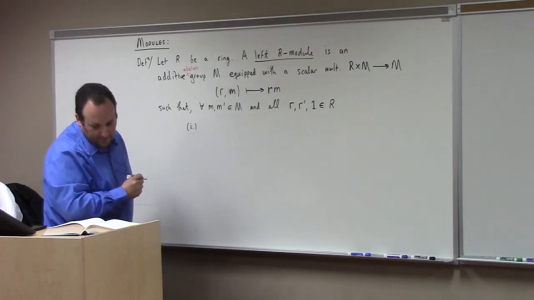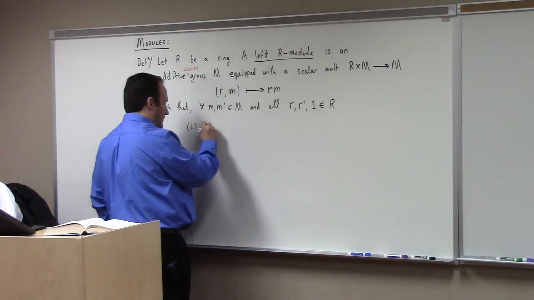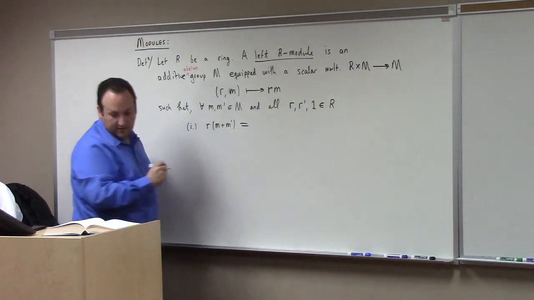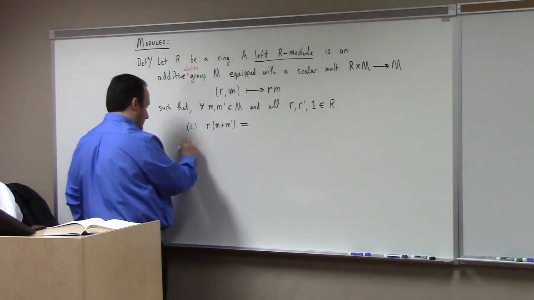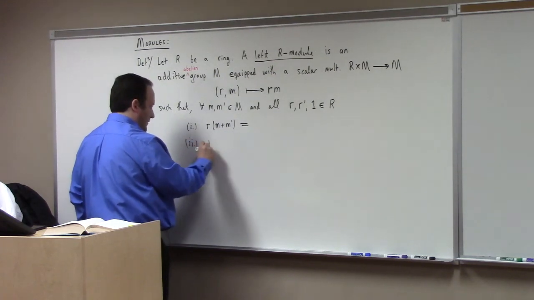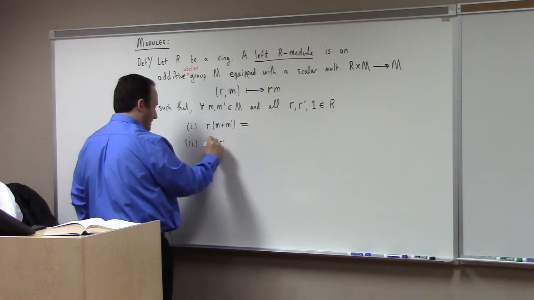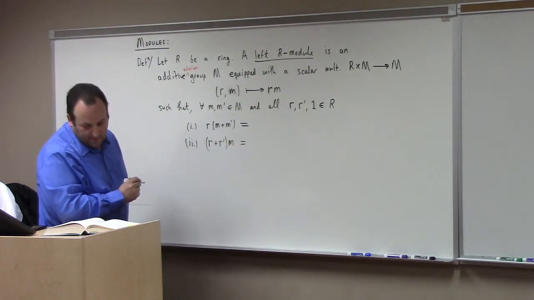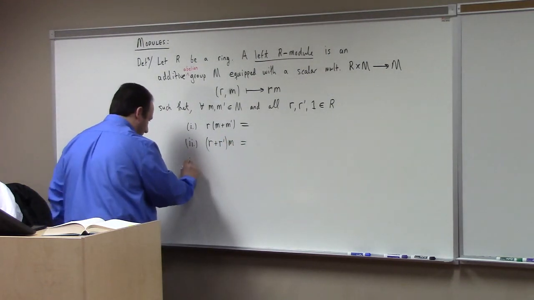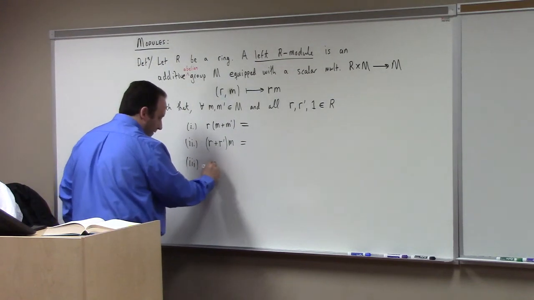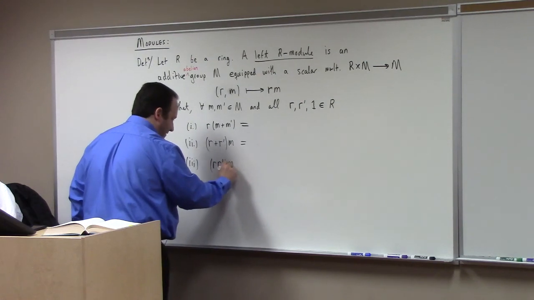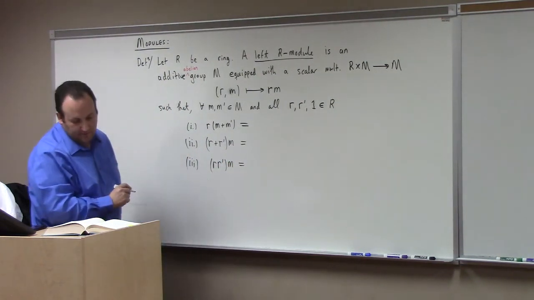And anyway, so here are the rules. Number 1, r times (m plus m') equals, you fill in the blank. Number 2, (r plus r') times m equals, you figure it out. Number 3, (r r') times m is equal to, well, you figure it out.